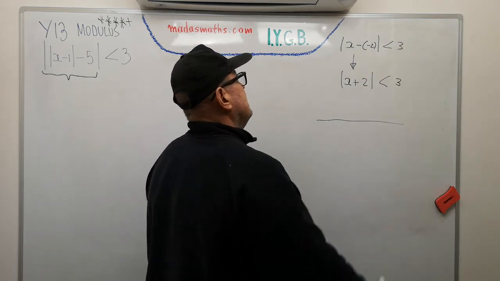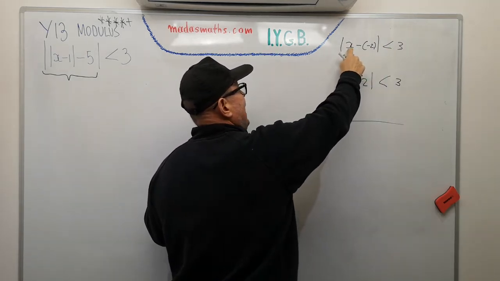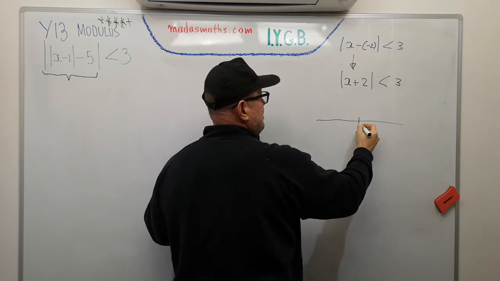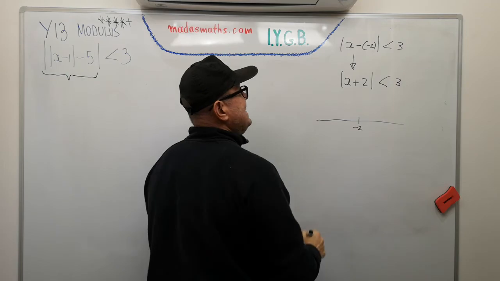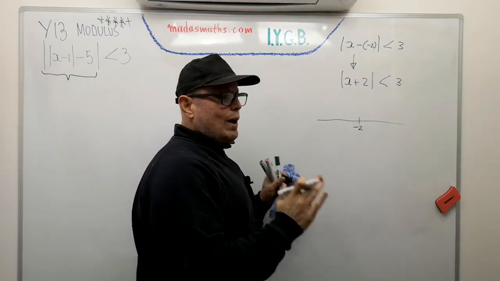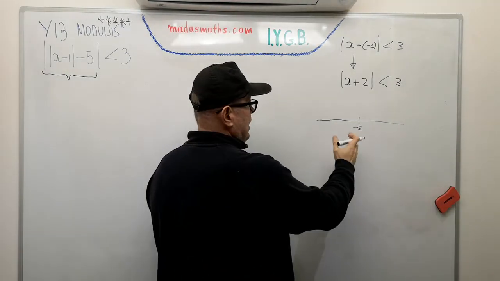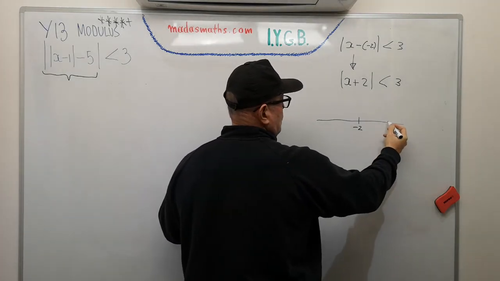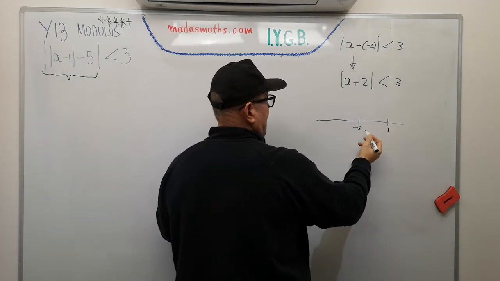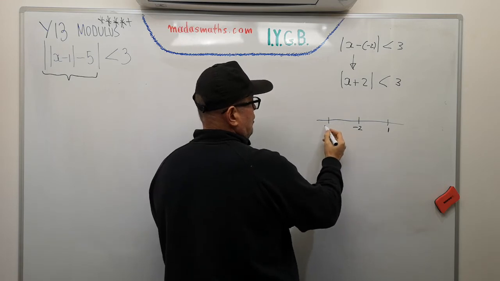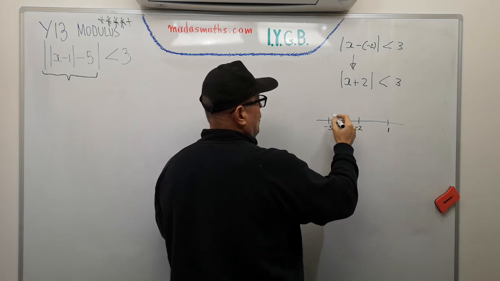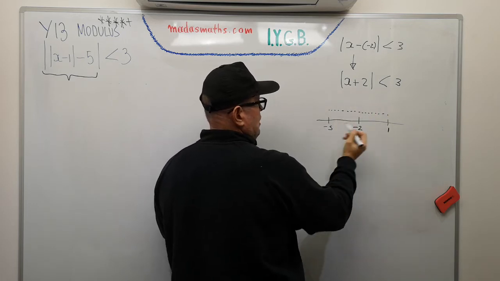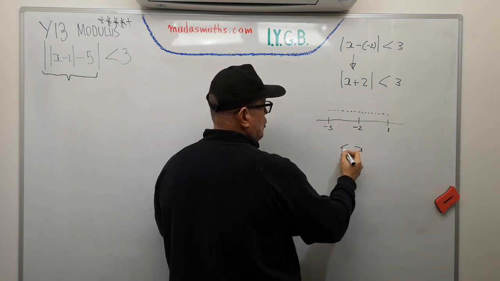So this now says what you're trying to find, your x, the difference, that's this minus here, from -2 is less than 3 steps. So wherever your x lies is within 3 of your -2. Adding 3 to the right is going to be 1, and taking away 3 to the left is going to be -5. So all these numbers which lie between -5 and 1 are of course your solutions for this particular problem.